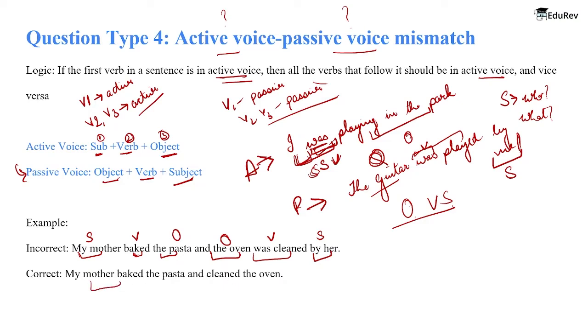So both the elements are in active voice. So this is what we are talking about, that in a statement, if a verb is in active voice, then the following verbs should also be in the active voice. If the first verb is in the passive voice, then all the other verbs should also be in the passive voice.